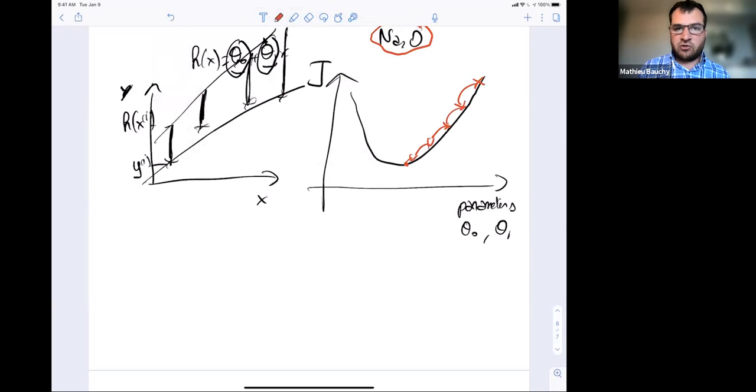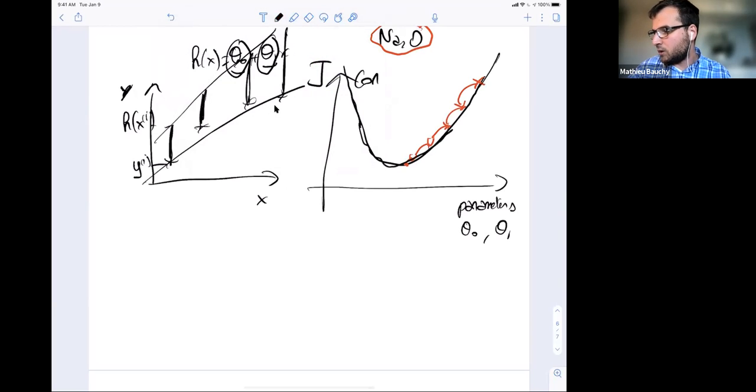And so the question in the chat was, can you always minimize? Can you always find the minimum of this cost function? And so the answer is not always. So when you are doing linear regression or polynomial regression, the good thing is that your cost function is always going to be like this.